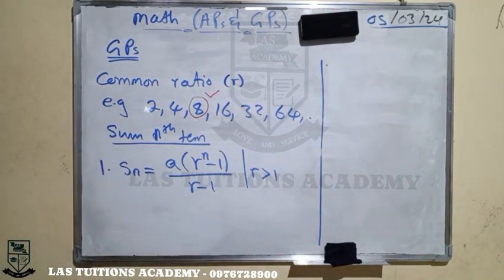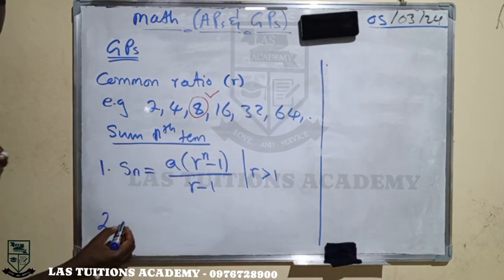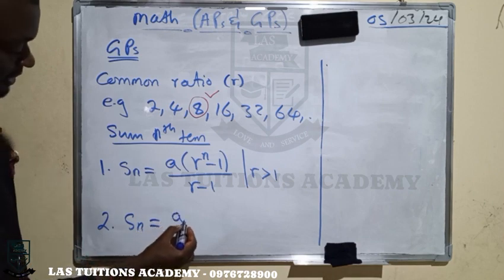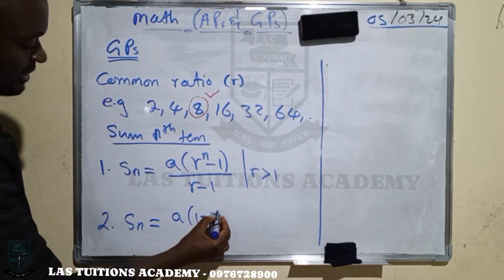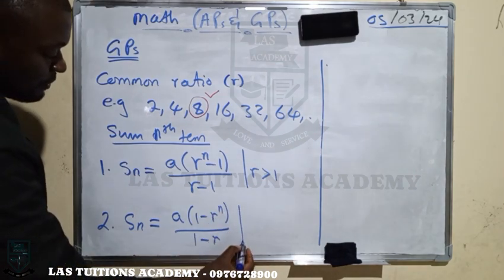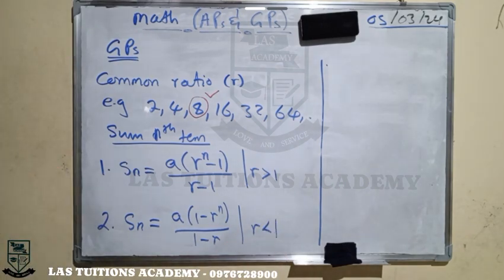Then the second one is Sn is equal to A times 1 minus R to the power n over 1 minus R, when R is less than 1. So those are the two formulas that we use when finding sum to nth term for the geometric progression.